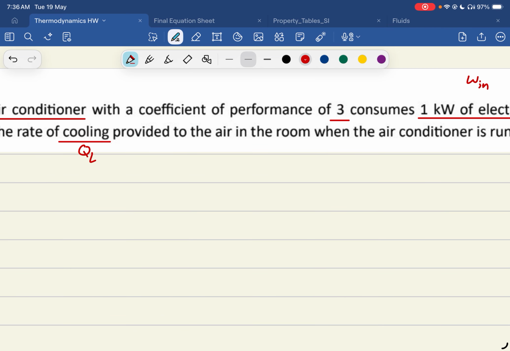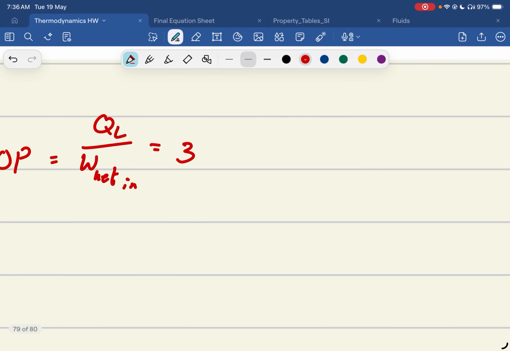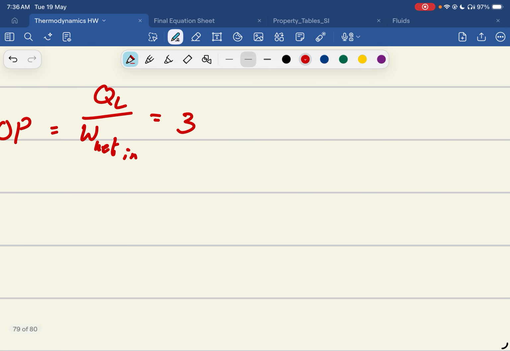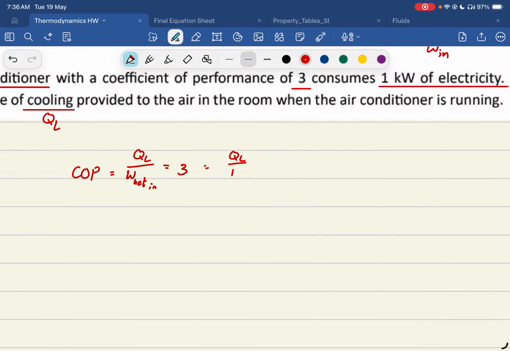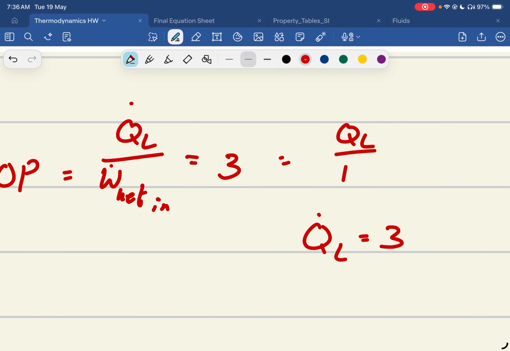So COP equals QL over work net in, which equals 3. Our work net in is 1, so 3 equals QL over 1. We just say QL is 3 Q dot. These are dots because it's in kilowatts. It's just 3 kilowatts. And yeah, that's all.